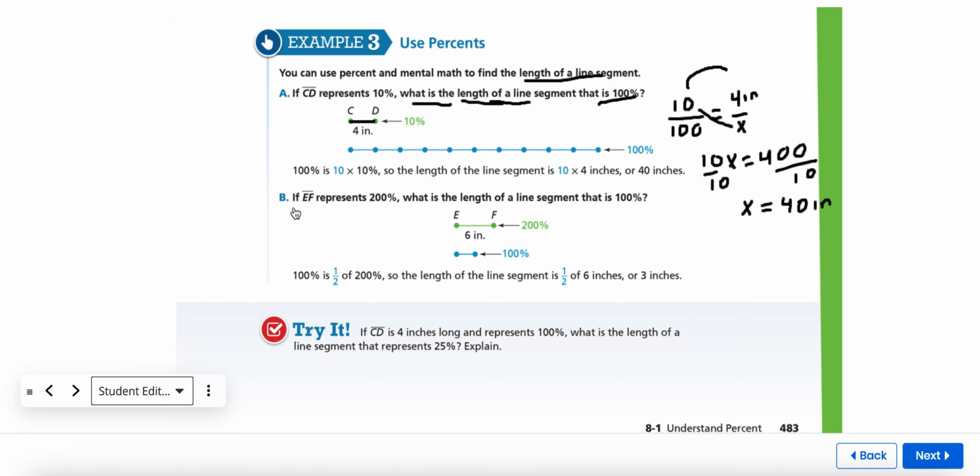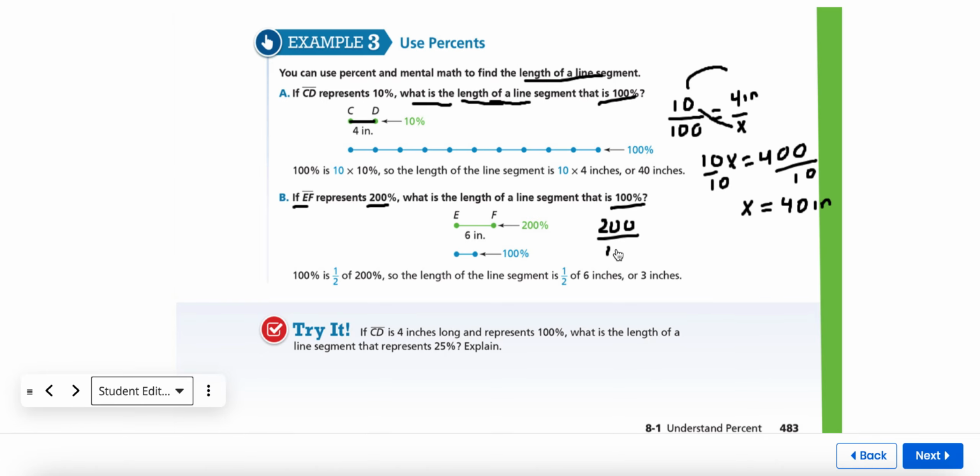Part B, if EF represents 200%, what is the length of a line segment that is 100%? So EF is 200%, and we want to know the length of a line segment that is 100%. We can use ratios: 200 out of 100.